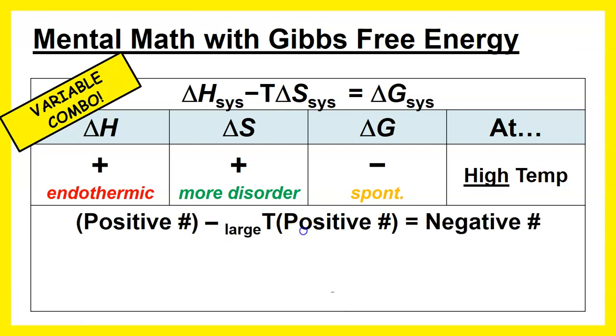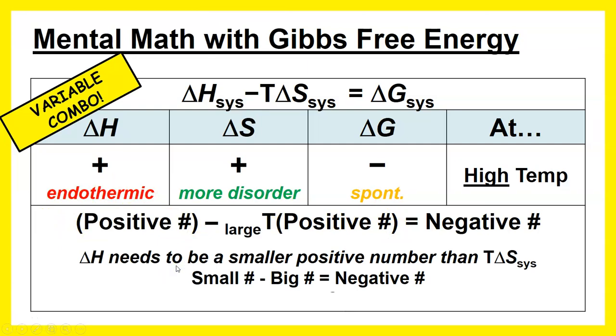So if I want to get a negative number, my temperature needs to be sufficiently high that this second piece is bigger than the first number we have. So delta H has to be a smaller number than our T delta S component. A small number minus a big number gives you a negative number. This is a time where you may have to do the actual math.